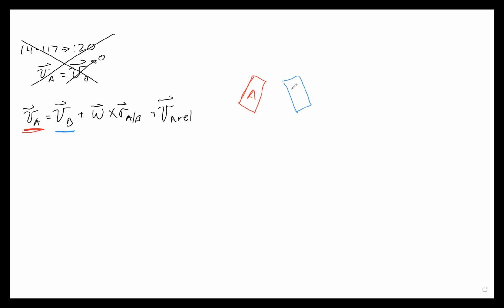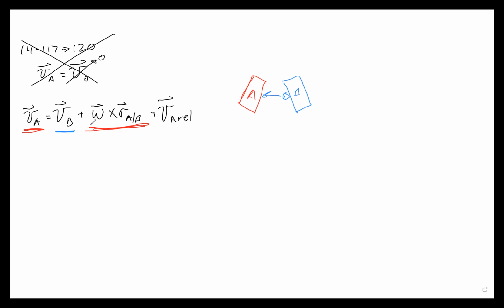Car B is just going to look with their eye and see how A is moving relative to them. Well, okay, so that means the omega cross r of A relative to B, which omega is that?